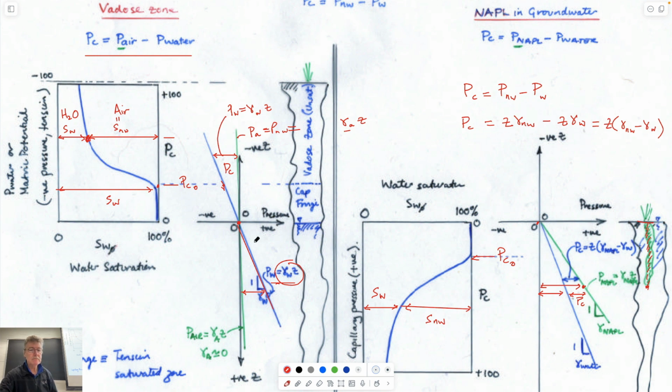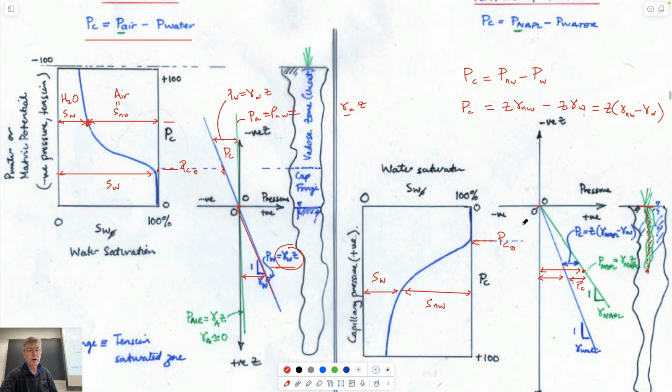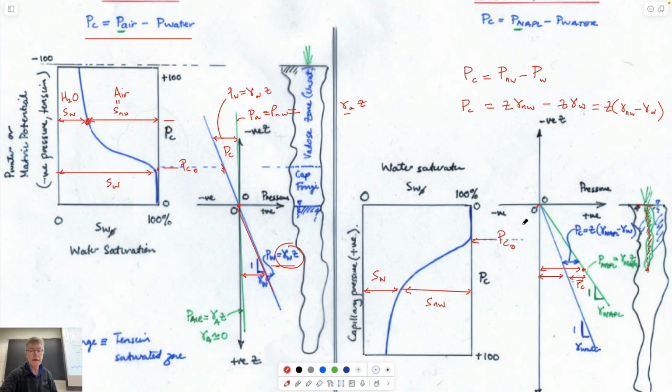So if you understand what we said about the form of this curve and how we get it, and if you understand why this capillary pressure versus saturation curve sits in these two different configurations, for the vadose zone above the water table and for invasion by oil denser than water going down from the water table, then you understand pretty much all you need to know about this multiphase fluid part of the class, at least until today.